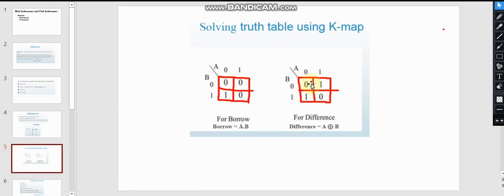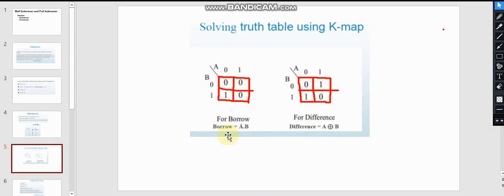This Kmap is for the difference. The difference is 1 when b is equal to 1 and a is equal to 0, and the difference is 1 when a is equal to 1 and b is equal to 0. By implementing this Kmap, we will find the expression for the borrow.